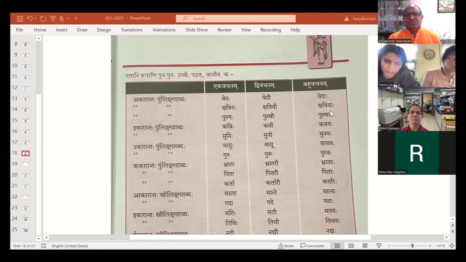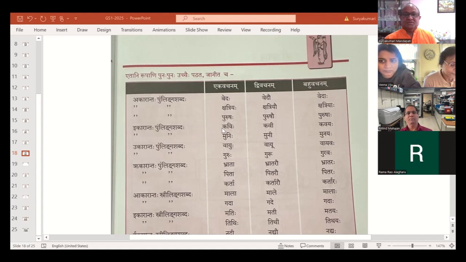Kshatriyaha, Kshatriyau, Kshatriyaha. Again, Kshatriya is the Akaranta Pullinga Shabda. Purushaha, Purushau, Purushaha. Pratipadikam kim? Purusha. Akaranta Pullinga Shabda.